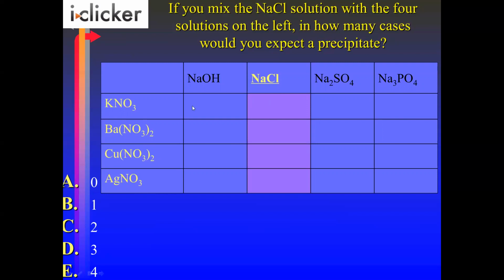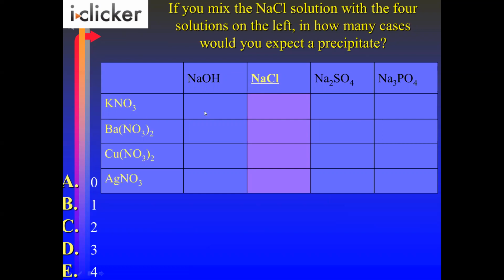First, I will check this one meeting this. This is soluble, of course, and this one is also soluble because they are always group 1 alkali metal. So if we combine this one with this one, the sodium nitrate is also soluble, because whenever group 1 meets others, they're always soluble.